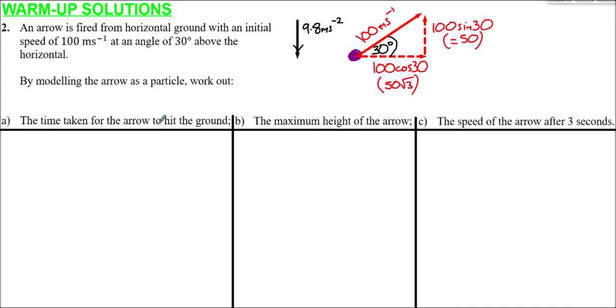However, all we need to do now is consider either horizontal or vertical. If we're considering the time taken for it to hit the ground, what we're wanting here is to consider vertical motion only. When it hits the ground again, because it starts off from horizontal ground, its vertical displacement will again be 0. So let's just consider vertical motion only, or vertical components.